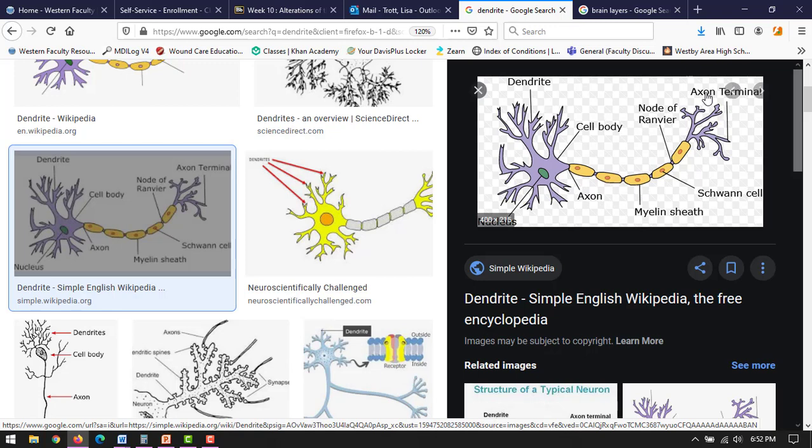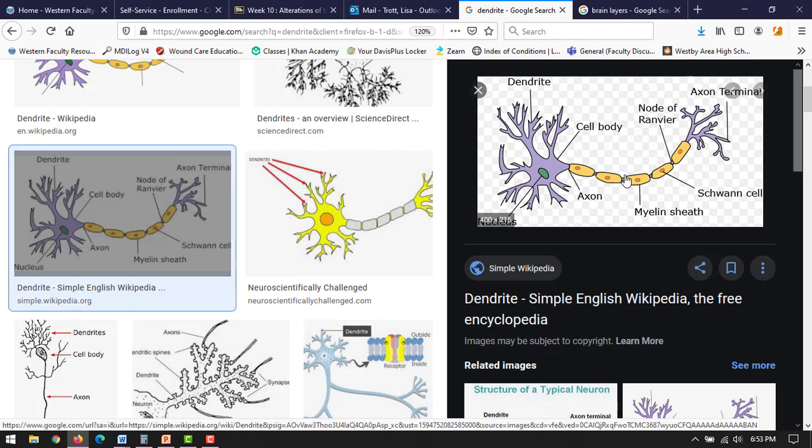That is what carries the impulse from the cell body to the next neuron. The myelin sheath covering is actually white, it makes everything white. So axons that are myelinated are what you hear called white matter, and axons that are not myelinated are what you hear as gray matter. That makes sense when you're talking about brain tissue. The actual brain tissue is called gray matter.